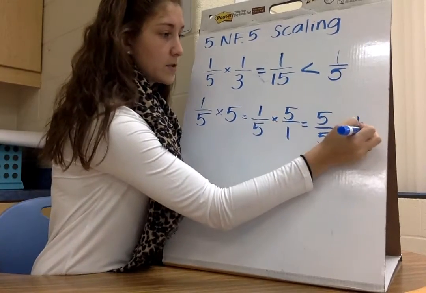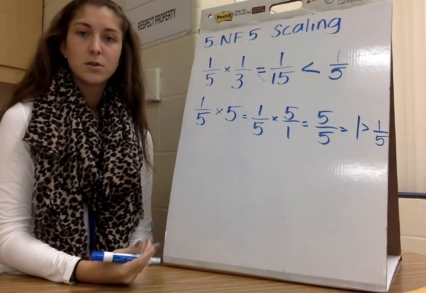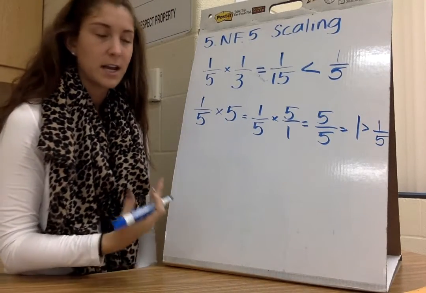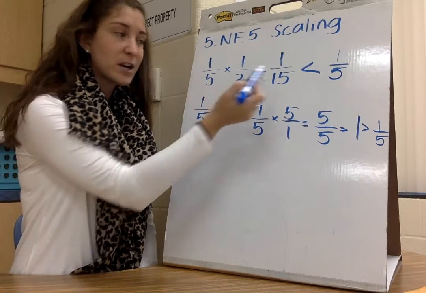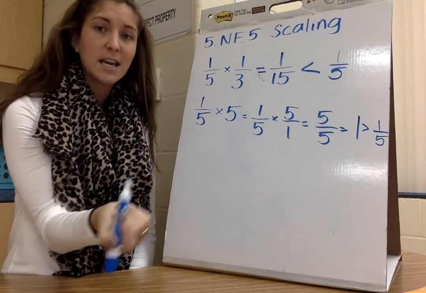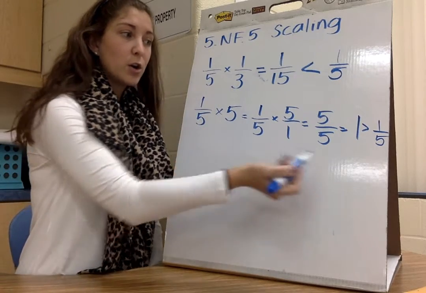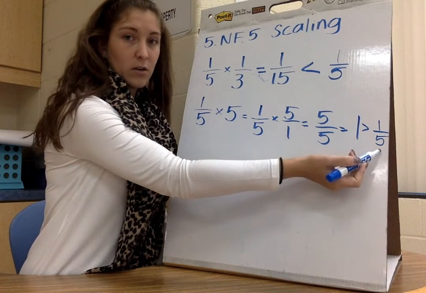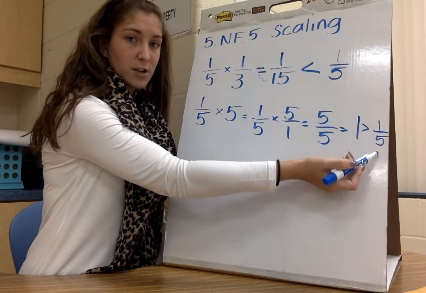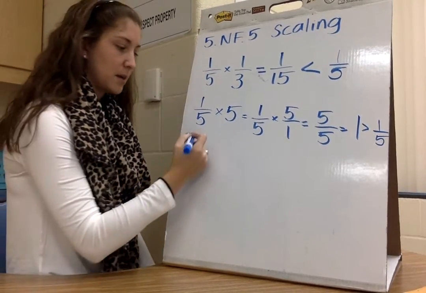Therefore, 1 is greater than 1/5. So we noticed a couple patterns yesterday. Anytime you multiply a fraction by a fraction, you're going to get an answer that's less. Anytime that you multiply a fraction by a whole number, your product, your answer is going to be greater than your starting fraction, 1/5.